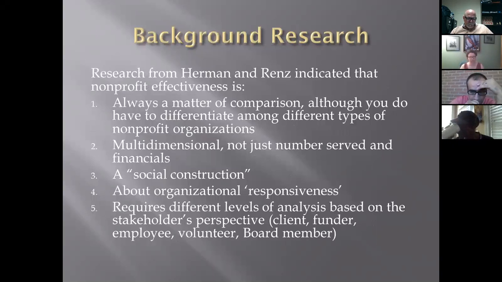We based our information on Herman and Rentz's articles and looked at how nonprofits measure effectiveness, both quantitatively and qualitatively.